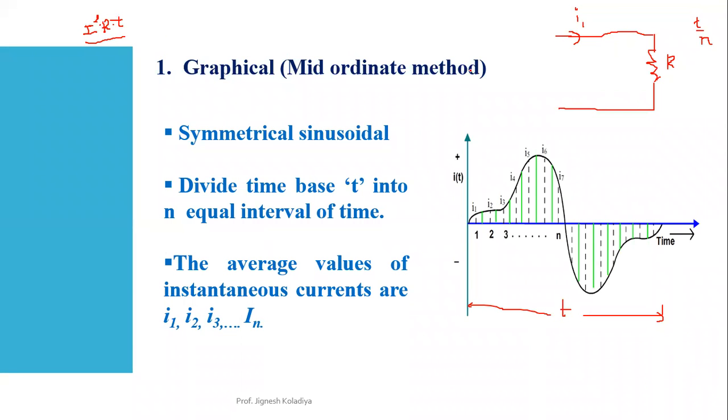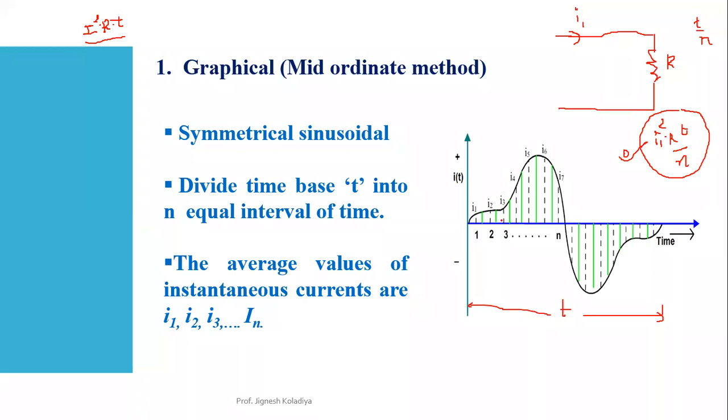Instead of I square, I have small I1, so I can write I1 square. Resistance is as it is, and instead of T we have T upon N. So due to the first component, or first average value, this I1, this much heat is going to be generated.